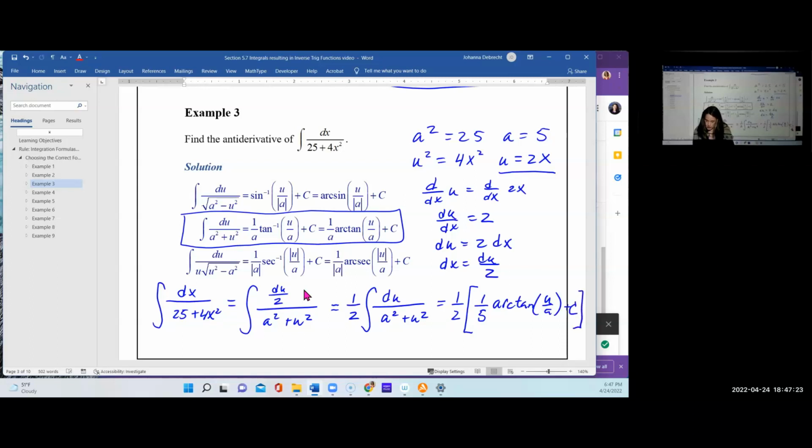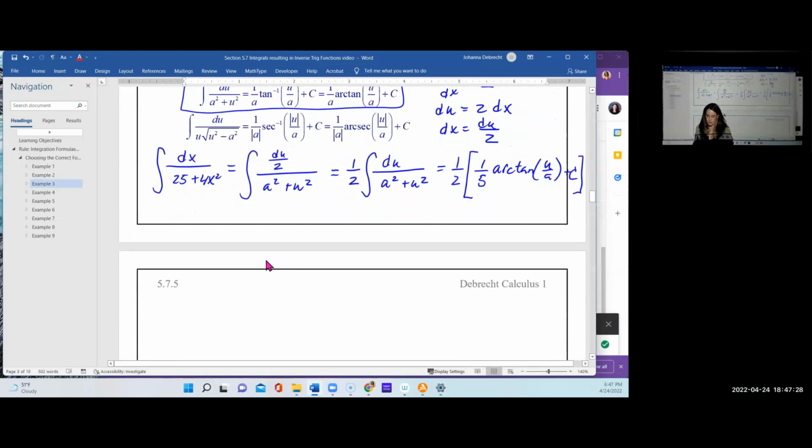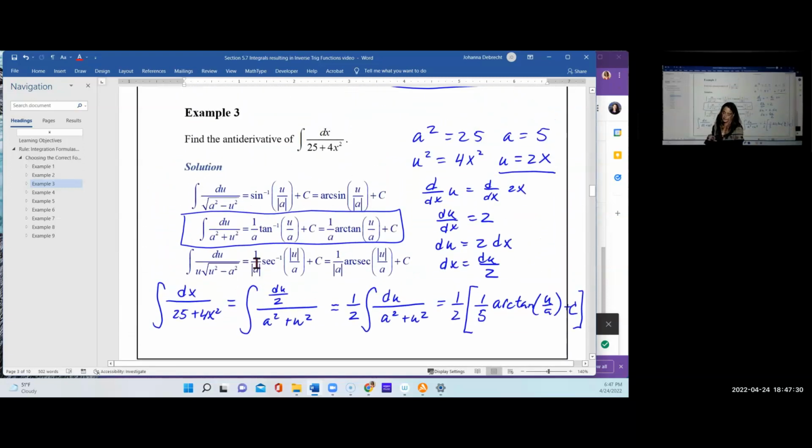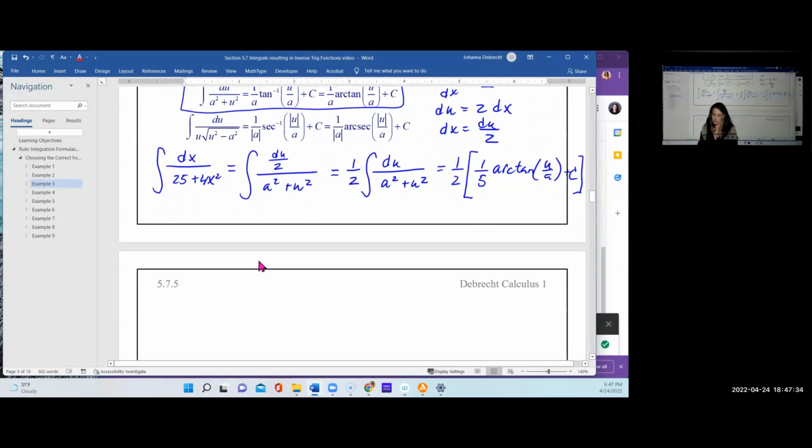Now, the next thing I need to do is substitute for u and a in the argument for this formula. A is 5 and u is 2x. And again, we use the principal roots. This gives me 1/2 times 1/5, the arctangent of 2x over 5 plus c.